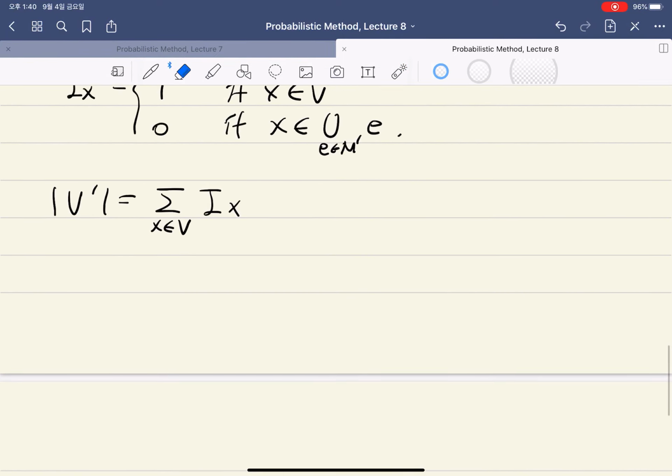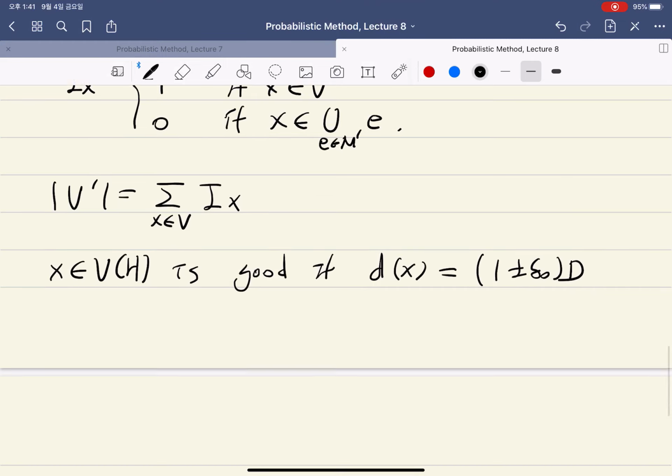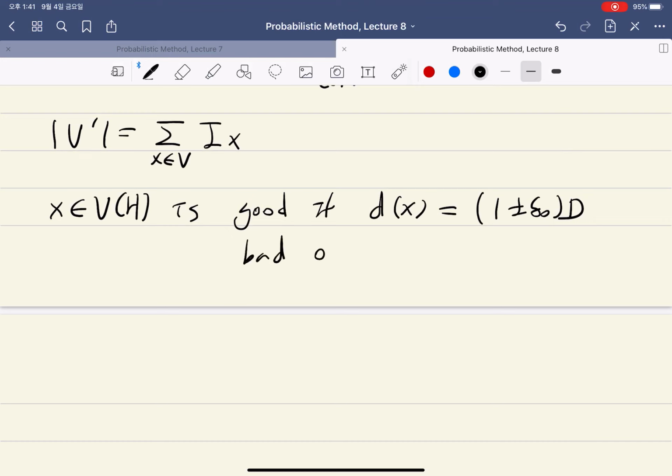We say that x is good if it has this degree, where if I just write degree without any subscript, that is the degree of x in H. If this holds, then it's good, and if not, it's bad. Even if the vertex is bad, we know the maximum degree is bounded by some constant times d.